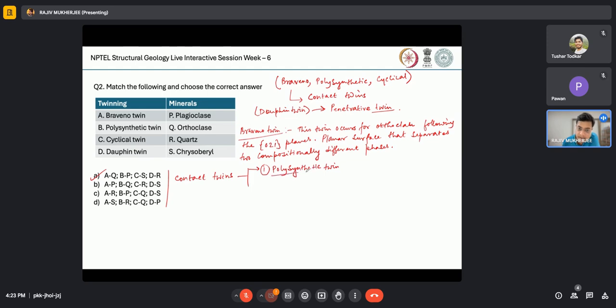For polysynthetic twin, the compositional surfaces across the twin boundary are parallel to each other.